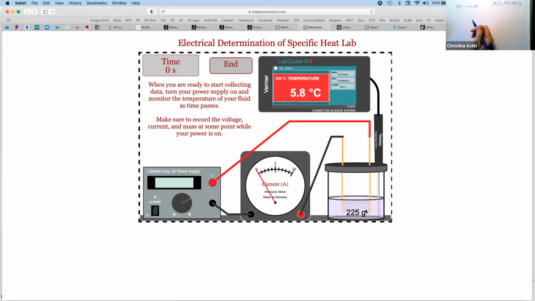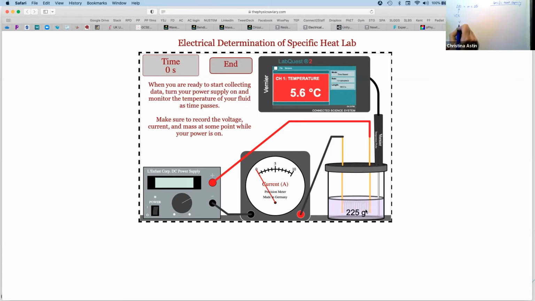Good. The first thing to say is that we're going to be calculating the energy given to this liquid by using electrical power, V times I, times the time that we deliver that power, little t. So we've got to measure an awful lot of things, and that's one of the reasons why I think doing the simulation first is a really good introduction to this experiment.